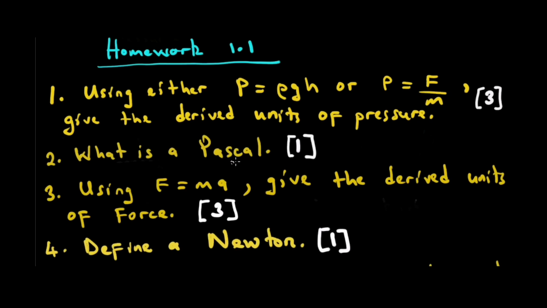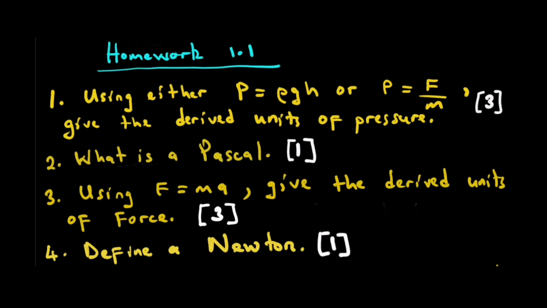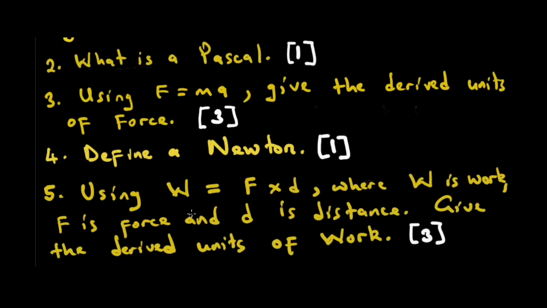Number 2, what is a Pascal? Number 3, using F is equal to ma, give the derived units of force, and it is 3 marks, take note. Number 4, define a Newton. Number 5: using W is equal to F times d, where W is work, F is force, and d is distance, give the derived units of work.